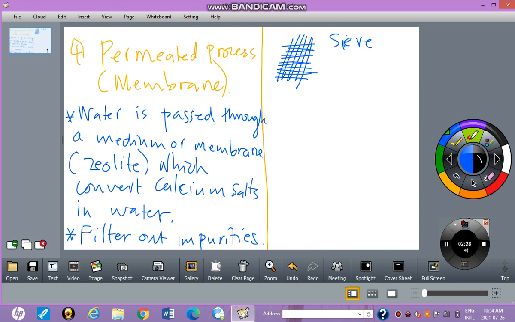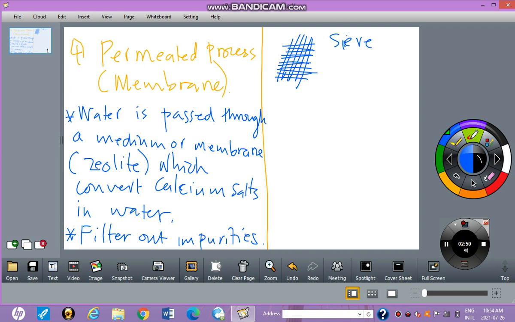Permeated process. So in other words, the fourth process that we use to treat permanent hardness in water is all about settling. We are looking at what we call sedimentation. Every metal which is there, we add the specific chemicals so that it precipitates, forms a residue, then settles at the bottom.